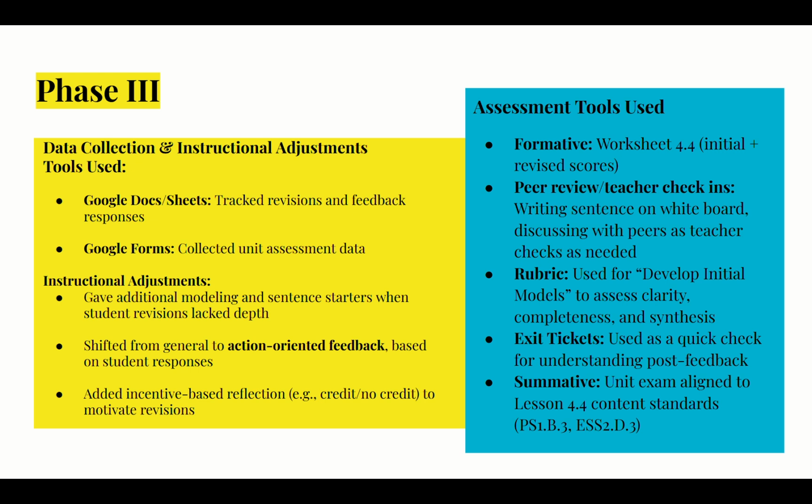I shifted my original approach to feedback, which was pretty general, and I wanted it action oriented, and that was with the UDLs that I highlight in this presentation. I also added an incentive, credit or no credit, and this helped motivate student revisions. I was lucky enough to have a CT that allowed me to do that.